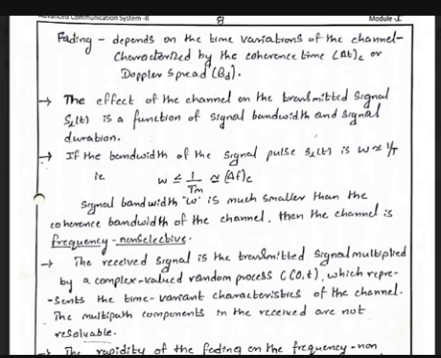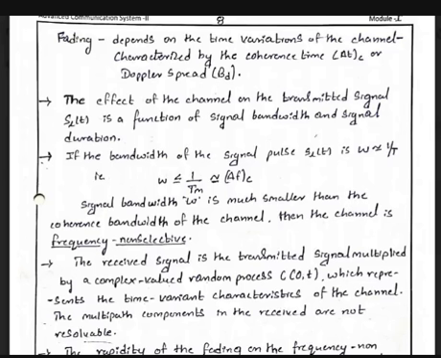Now, if the bandwidth of the signal pulse W is approximately equal to 1 by capital T, right? Okay. Now, if the signal bandwidth W is much smaller than the coherence bandwidth of the particular channel, then the channel is called a frequency non-selective channel, right? That is FSN.